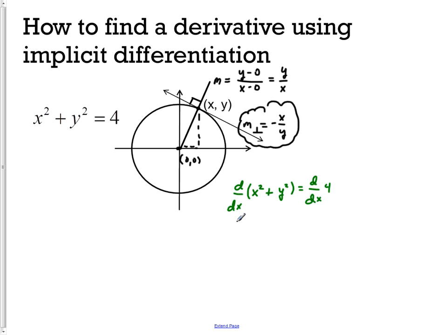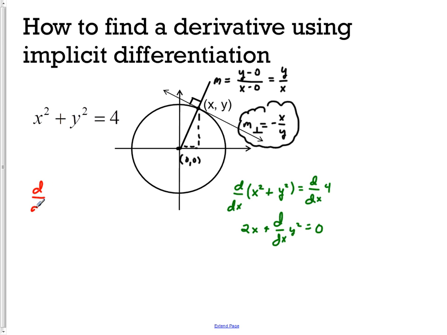So when we take the derivative on both sides, we're going to have 2x plus the derivative with respect to x of y squared, and I'll explain this one in a minute, set equal to the derivative with respect to x of 4. We know that's 0. So what do I do with this term? If you recall your chain rule, we're going to use the general chain rule.